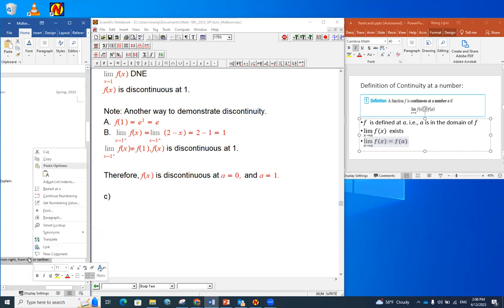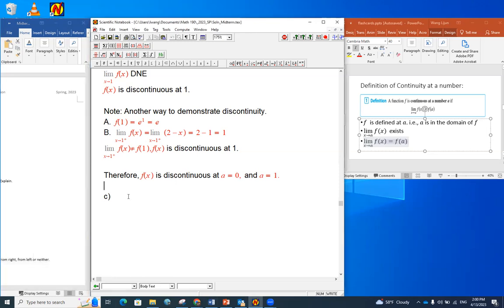Let me just copy the question. At which of these points in B is f continuous, continuous from right, from left, or neither.